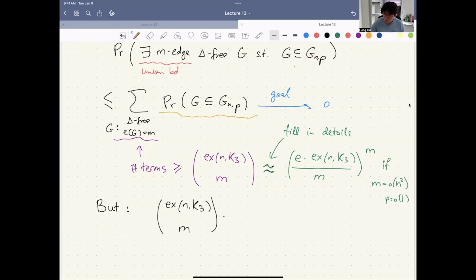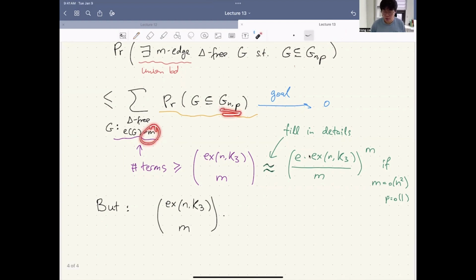What's the probability that for a fixed G, which has m edges, is contained in G(n,p)? The probability is p to the m, because G has m edges. Every edge is contained in G(n,p) with probability p. So this equals p to the m.